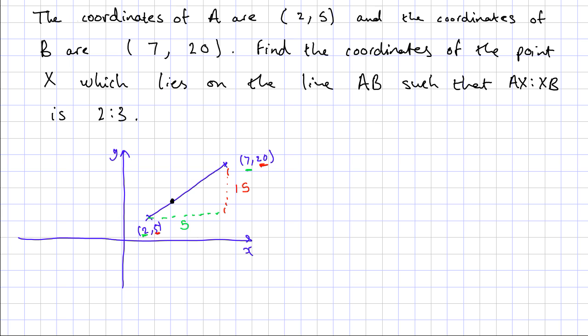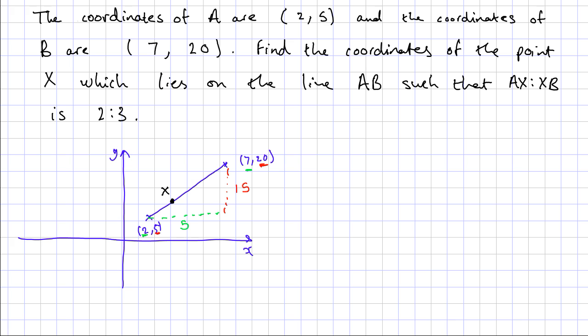Now what I know is 2/5, if I go 2/5 of the way here, I will get my X coordinate in X. And if I go 2/5 of the way here, I will get my Y coordinate in this point X here. Let me just label that. So that's the point X.